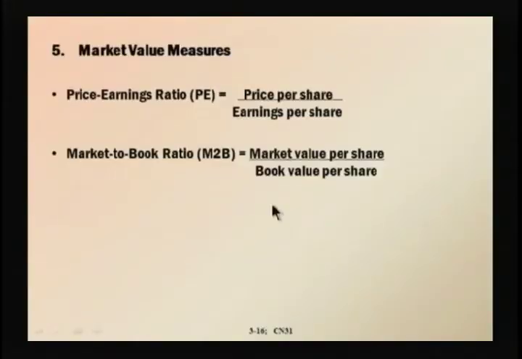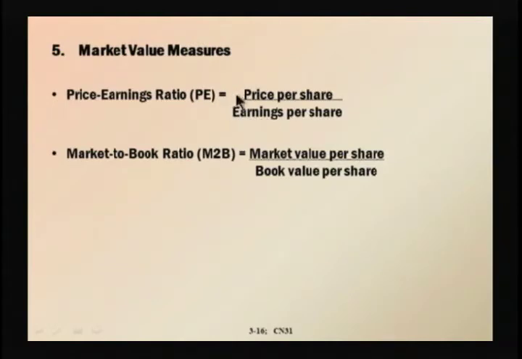For the market value numbers here, price earnings ratio or PE ratio is one that's commonly used, price per share divided by earnings per share, and the market to book ratio, the market value per share divided by the book value of the equity shown on the firm's financial statements. So those ratios would give us some idea if the marketplace is putting a lot of value on the earnings that a firm produces.